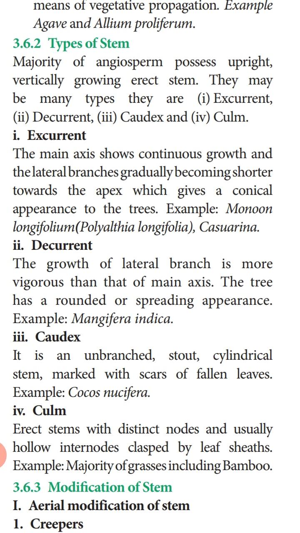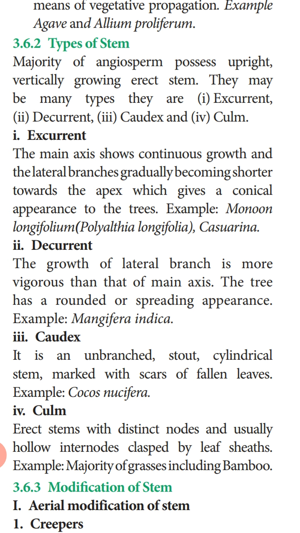So these stems are called excurrent. The main axis, the main stem, keeps on elongating, and the lateral branches become shorter in length as they grow towards the tip. This gives a conical appearance to the tree, and it is called excurrent. Next, decurrent. Decurrent is where the growth of the lateral branches is more vigorous than that of the main axis.